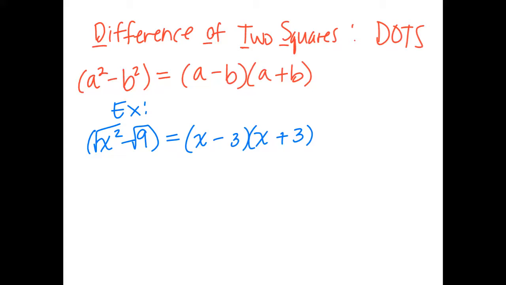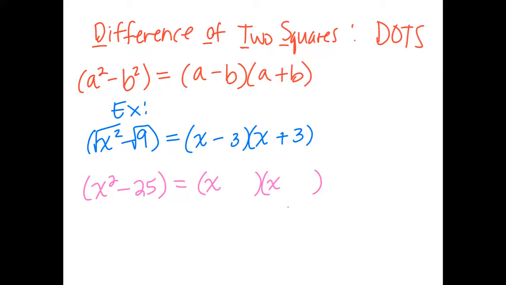So let's say I got x squared minus 25. That is a difference because it's subtracting. And x squared is a perfect square and 25 is a perfect square. So I can split this into the square roots. So square root of x squared, again, is going to give you x.